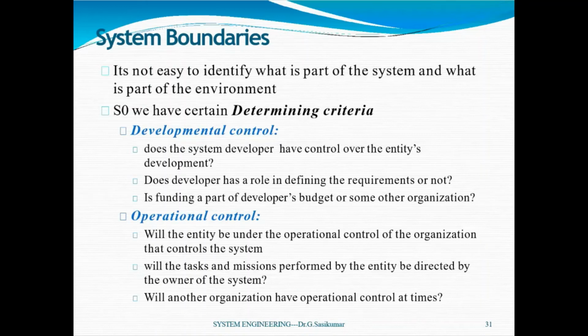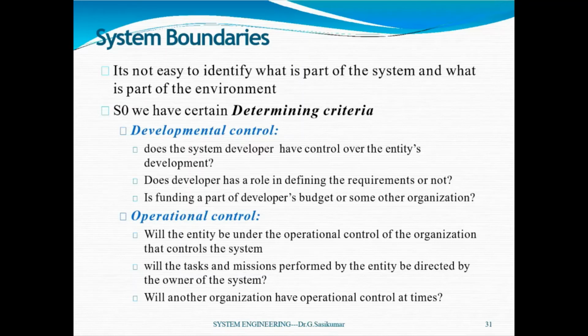It is not an easy job to identify what is part of the system and what is part of the environment, so we have to create certain determining criteria. Does the system developer have control over the entity development? Does the developer have a role in defining the requirement or not? And is funding part of the developer's budget or of some other organization?